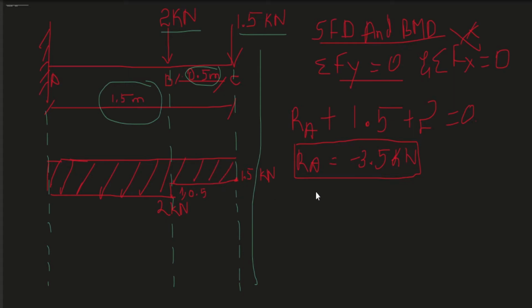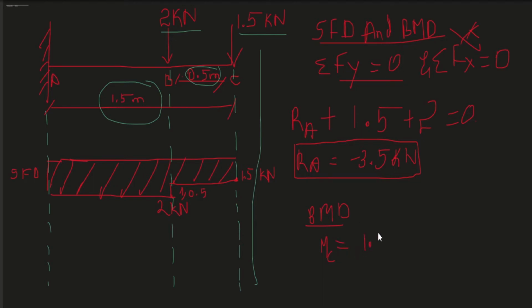So this will be the shear force diagram of this cantilever beam. Now we are done with the shear force diagram. This is SFD, that is shear force diagram. Now let us go with the bending moment diagram. For the bending moment diagram, you need to find the bending moment at all the points. First, I'll find the bending moment at point C. MC means the bending moment at point C, which is equal to the force acting.